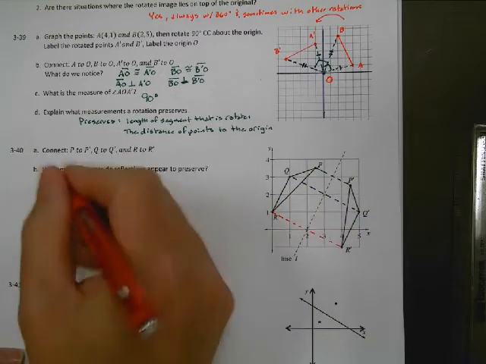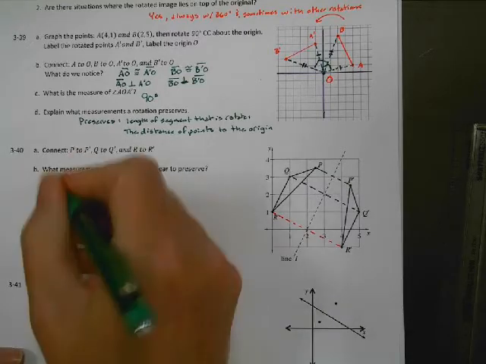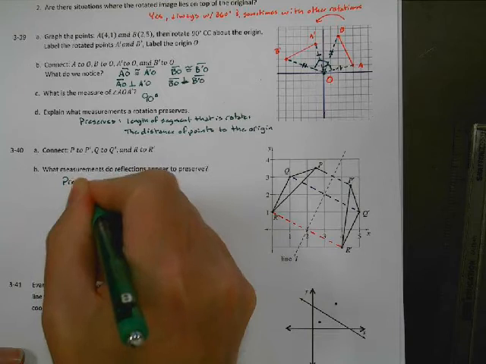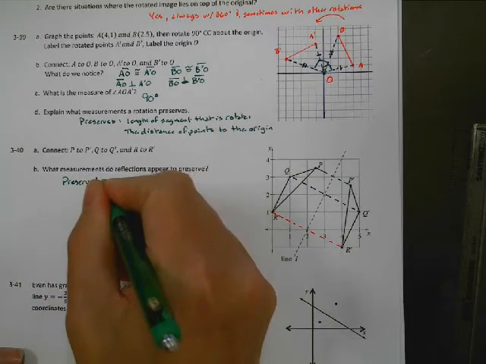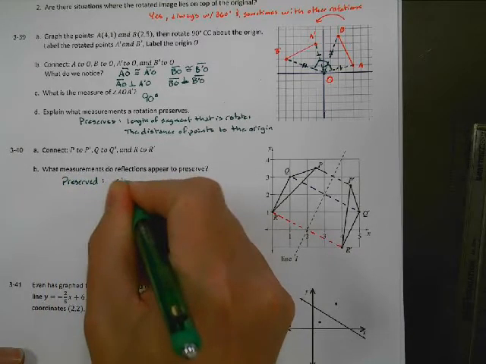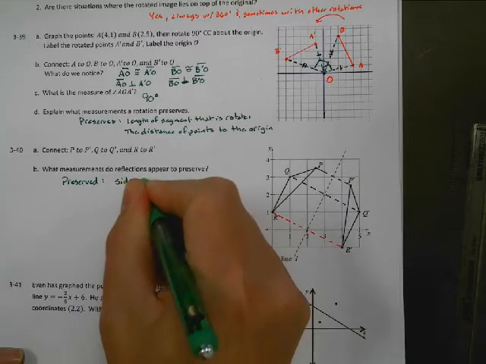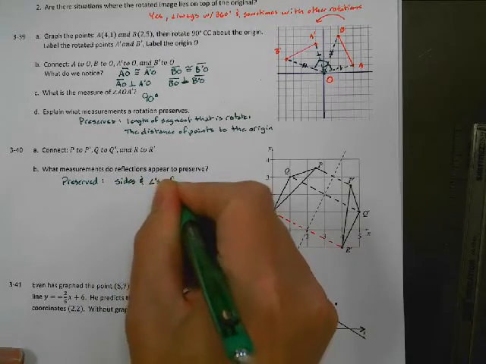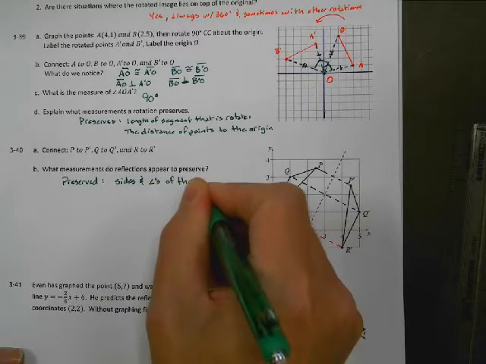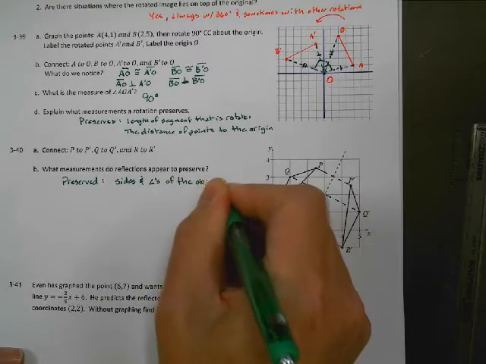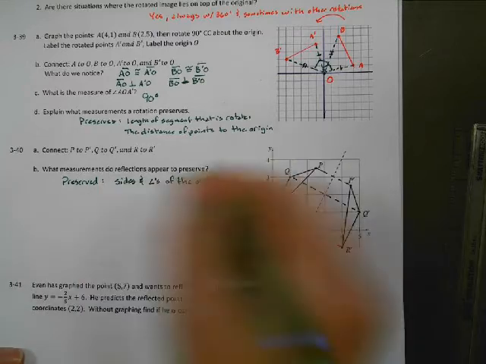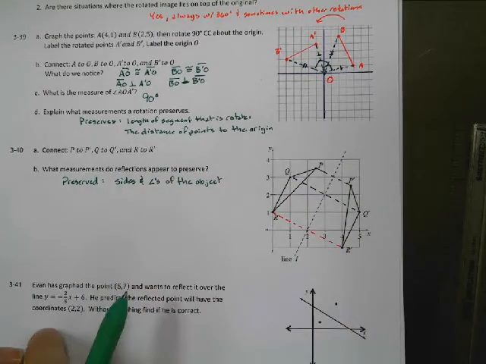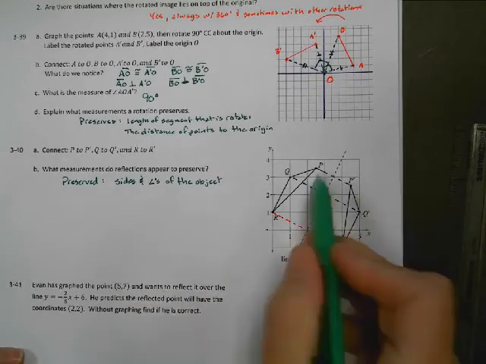So what's being preserved is the sides and angles of the object being reflected.